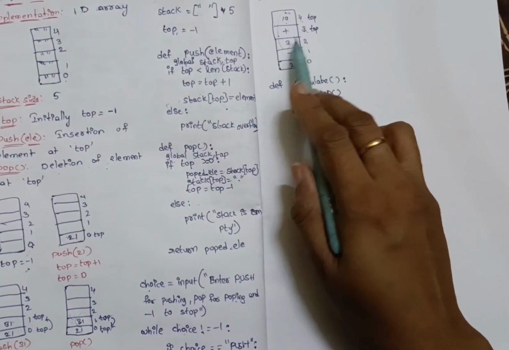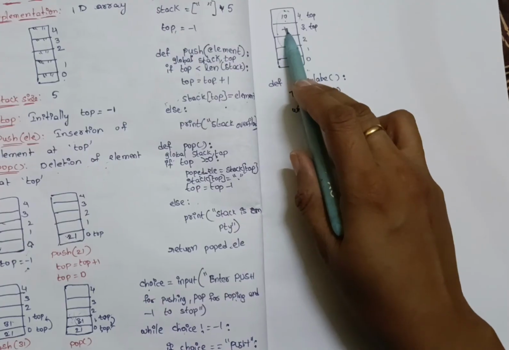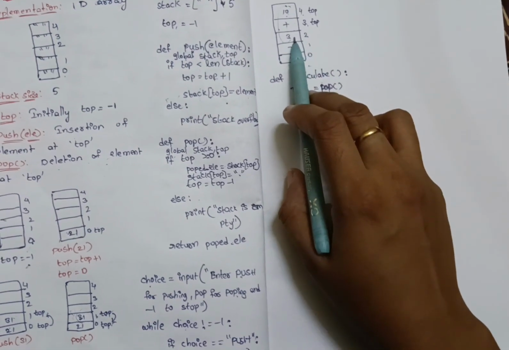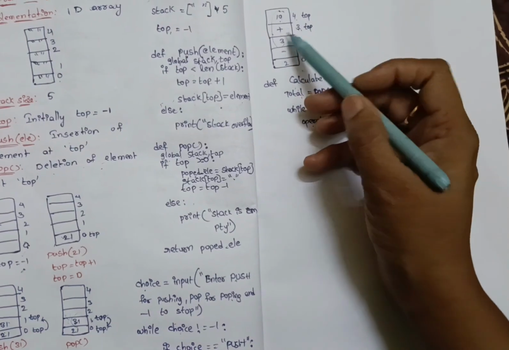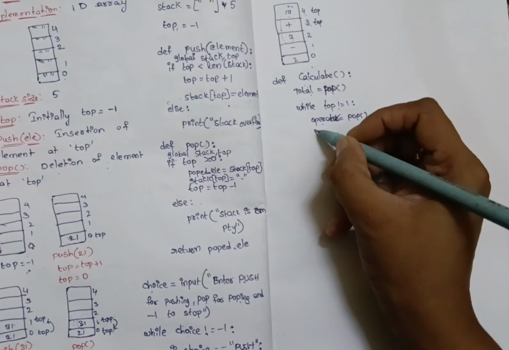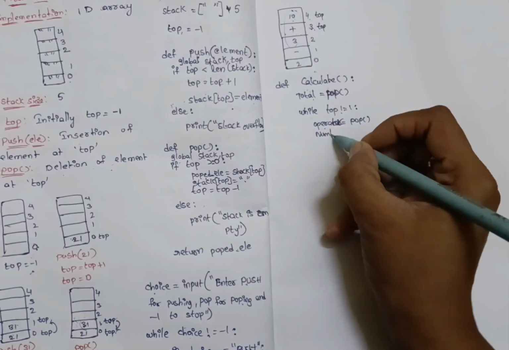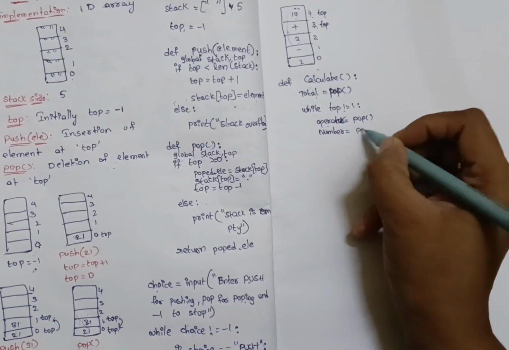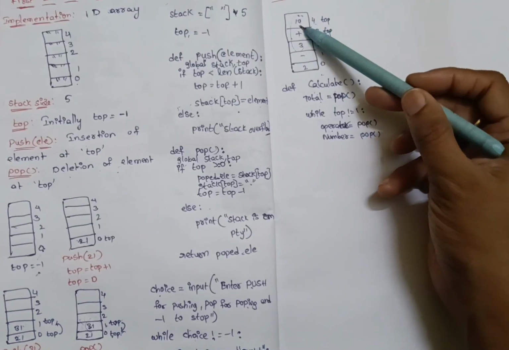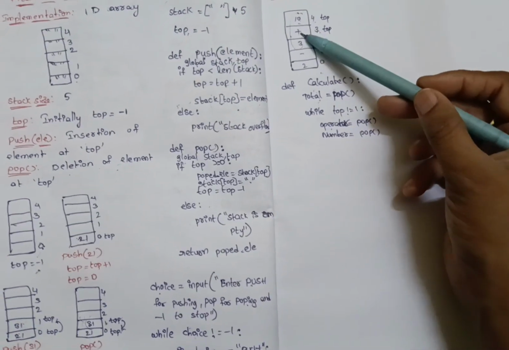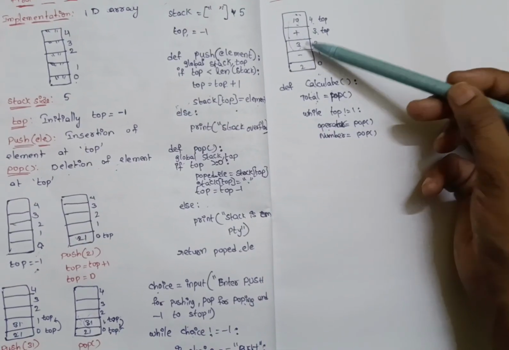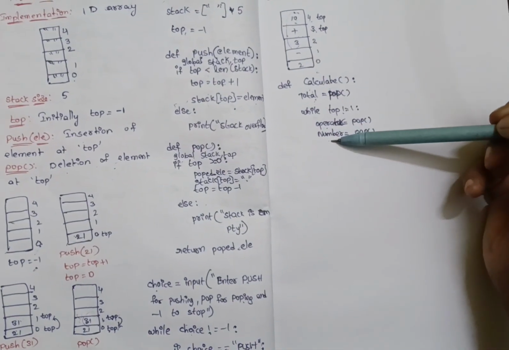After that, if you pop this element as well, immediately after the operator element, we will get the next operand to perform the operation. I am taking that to number is equal to pop. Till now we popped 10 into the total, plus into the operator, and after the plus, 3 is in the number.